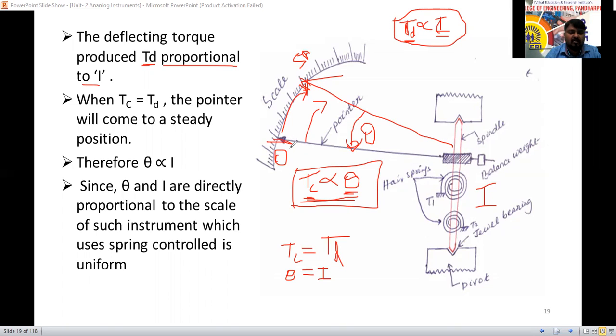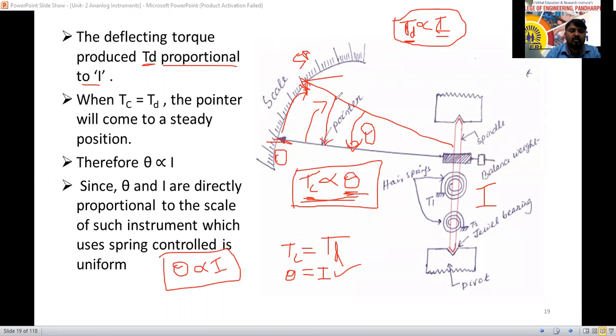We can say that here, no? So controlling torque equals deflecting torque. Controlling torque is nothing but theta and deflecting torque is nothing but I. So we can tell that the angle of deflection is directly proportional to the current. Because of the current flowing only, this much angle of deflection occurs here.